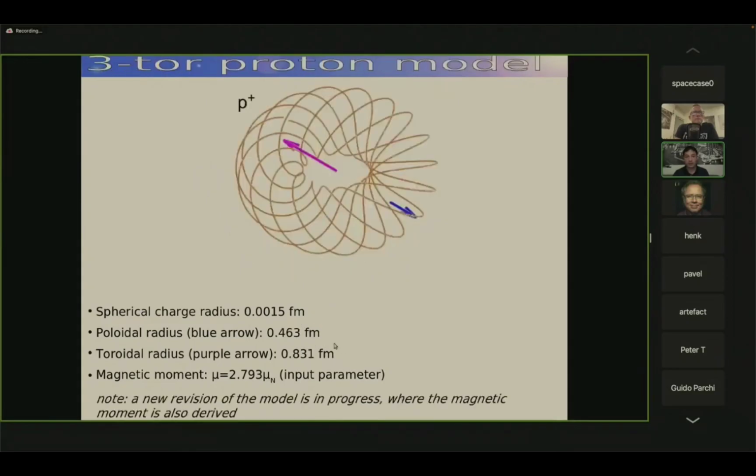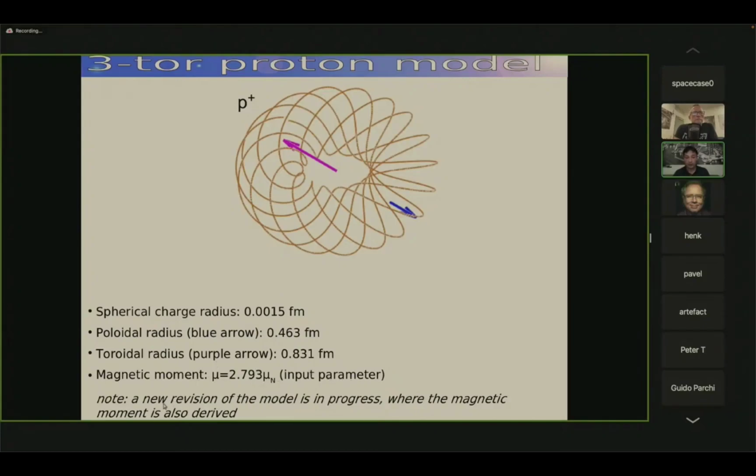In the other example, the 3-Tor model, we get the spherical charge radius with the experimental matching number, poloidal radius 0.46 femtometer, and toroidal radius 0.83 femtometer. And these numbers are actually really nicely matching the experimental values.